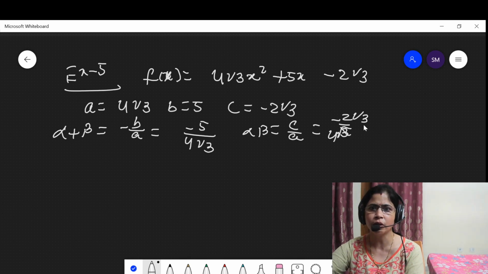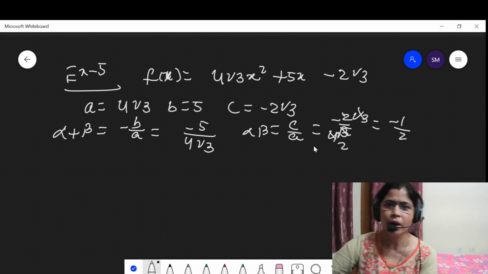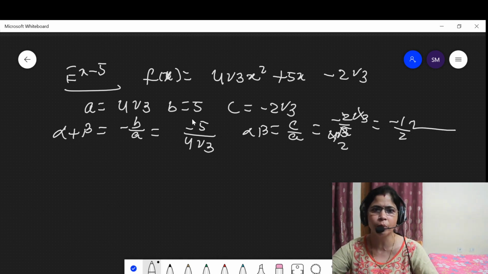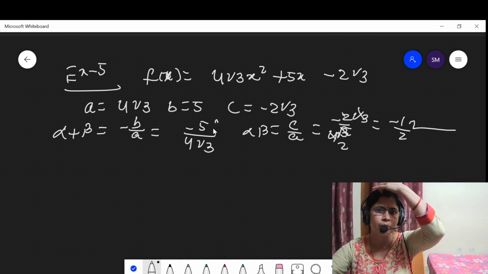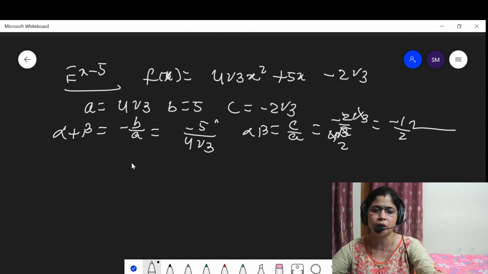Root 3 cancels, which is equal to minus 1 upon 2. Alpha into beta is minus 1 upon 2. Alpha plus beta is minus 5 upon 4 root 3. Now let us solve the polynomial and find the values of alpha and beta.